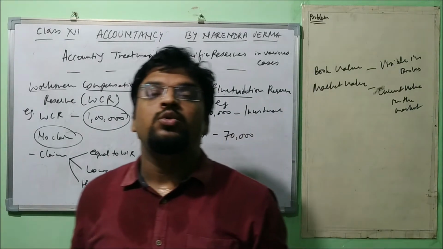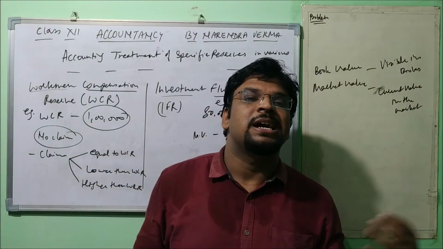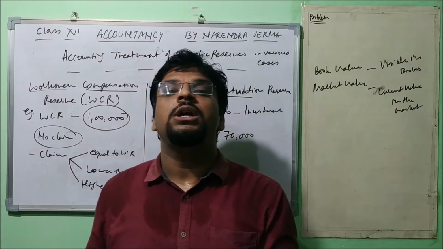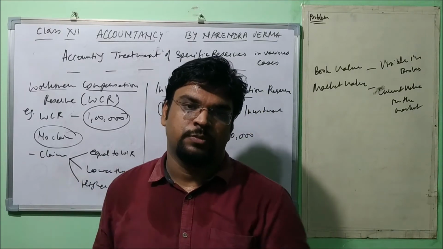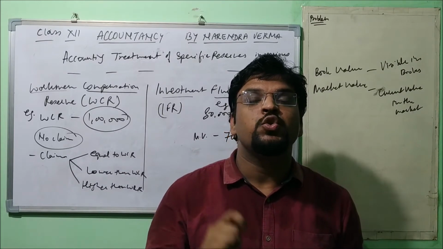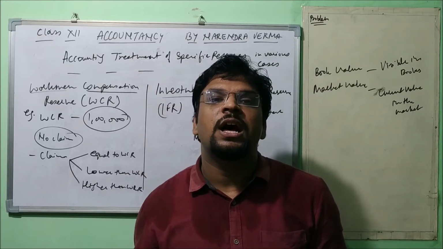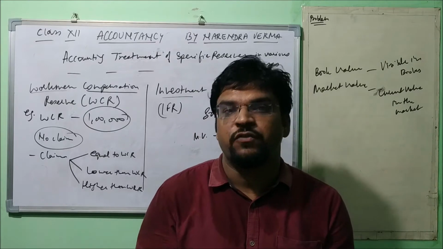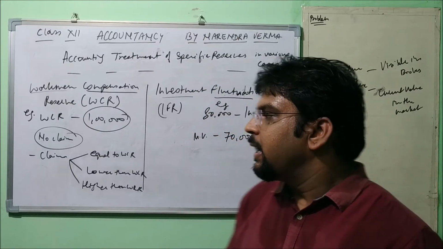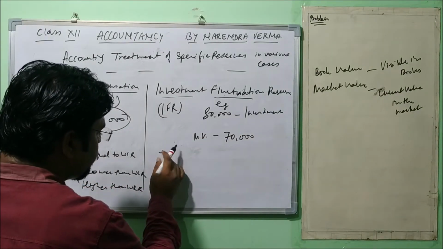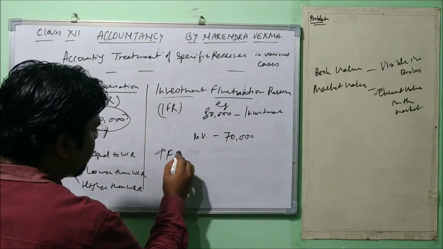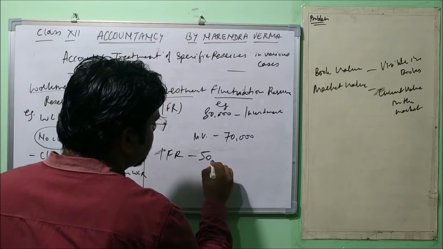Means some amount of profit has been set aside for the purpose of the fall in the value of investment. So what is the purpose? Just to meet the fall in the market value of the investment, right?